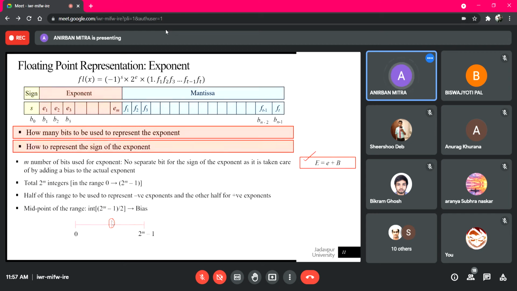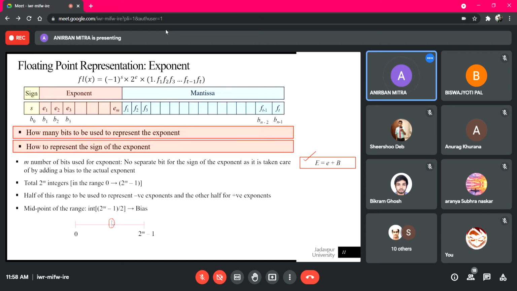Here, we have to consider the integer part of it. Why? Because 2 to the power m is an even number, so 2 to the power m minus 1 becomes odd. If you divide it by 2, you get a fractional number with 0.5 in the fractional part. So we drop the 0.5, we chop it off, and only take the integer value. That is the midpoint of this range.